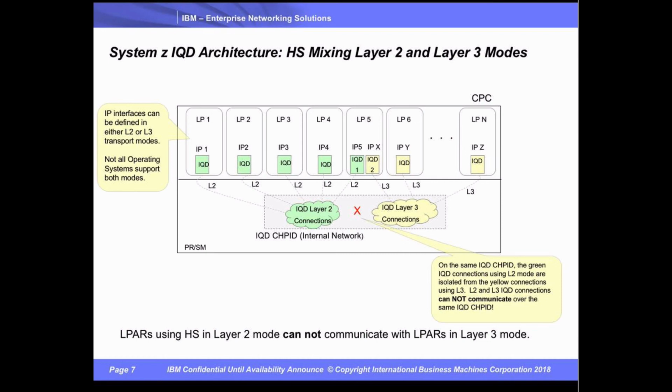Now, why doesn't HiperSockets translate the frames and allow this to work? Because it would remove the value point of HiperSockets. HiperSockets does not process individual frames. It's a memory-to-memory move, and for the optimization value point of HiperSockets, we would rather not have it process individual packets. It would slow that processing down tremendously. So they have to be like modes on HiperSockets to communicate.